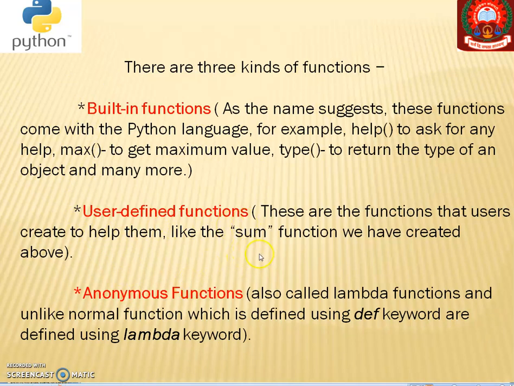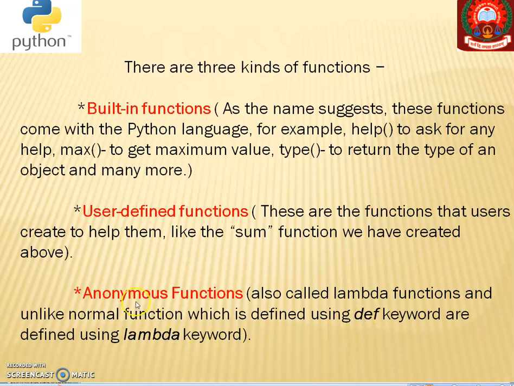Next is anonymous functions. Anonymous functions are lambda functions, and unlike normal functions which are defined using the def keyword, they use the lambda keyword.